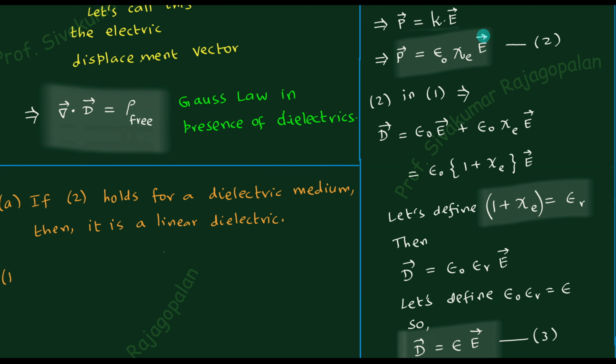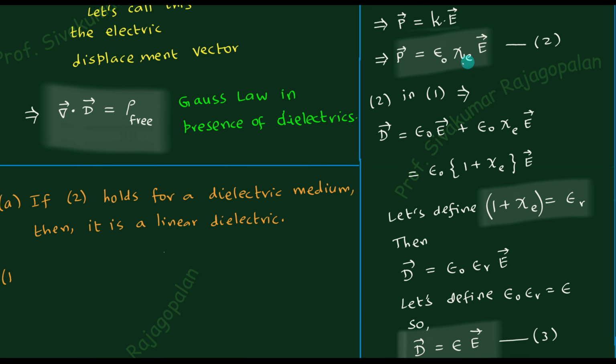Then we keep some fixed value for the electric field. Once E is fixed, and epsilon 0 is also fixed, then polarization can be explained in terms of this number chi E, isn't it?